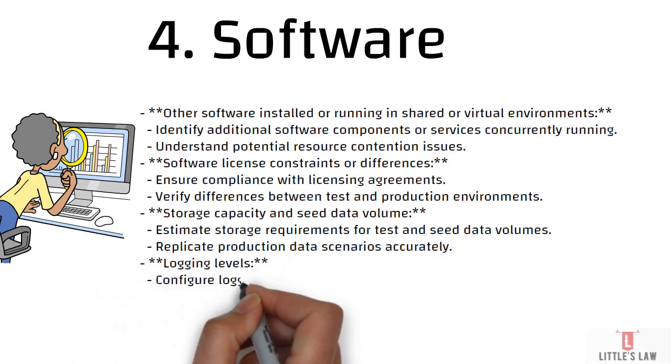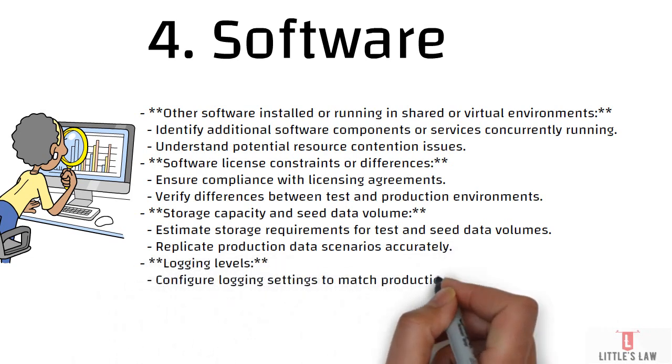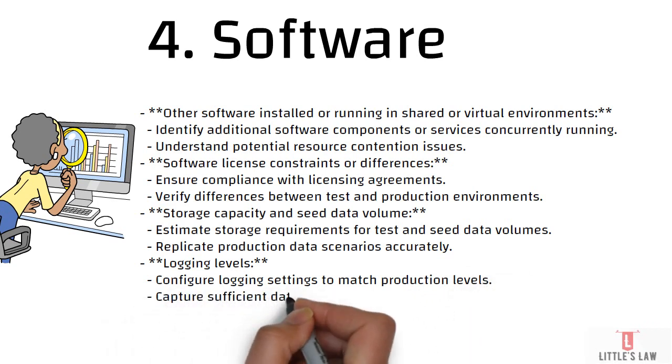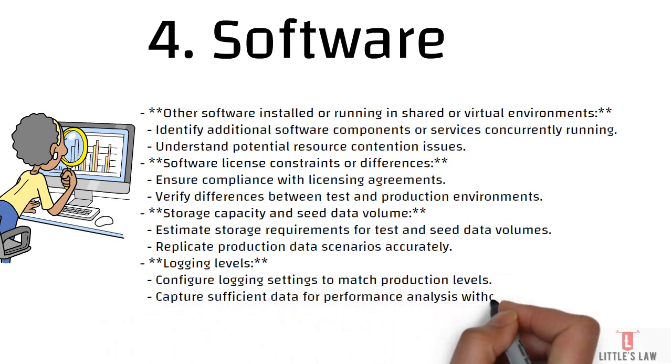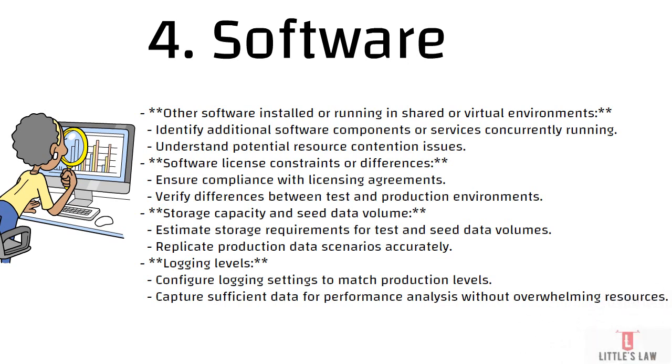So we have to configure the logging settings to match the production levels, capturing sufficient data for performance analysis without overwhelming system resources. For example, if we reduce the timing between collecting the logs, a larger amount of log will get collected, which is not necessary when we are running a big test or a huge test or a soak test.